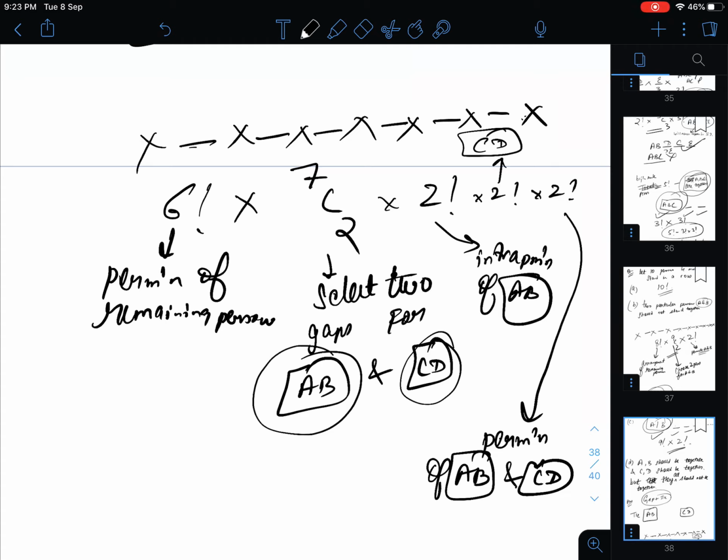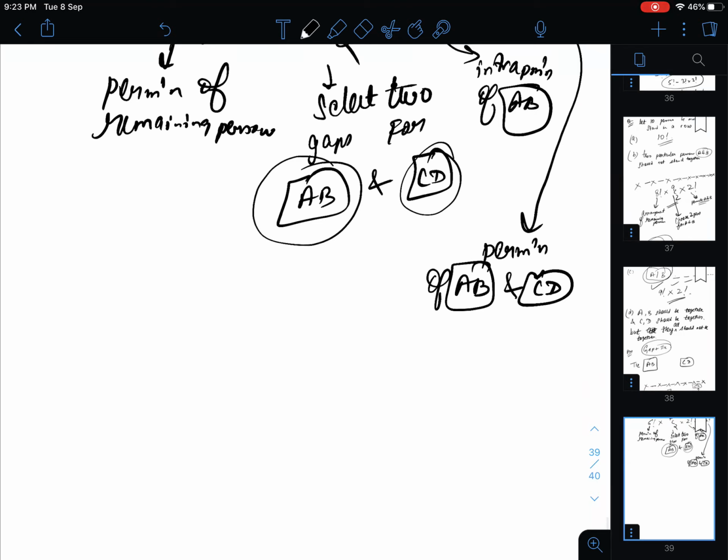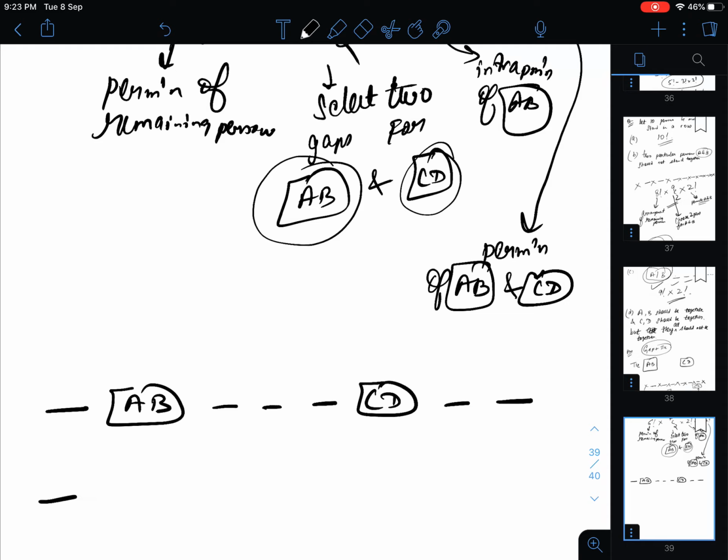See, because we can have the following scenario. Suppose AB is in this gap, then you have 1 2 3, and let's say CD is in this gap, and you have 2 letters here. Then you can also have the following situation.